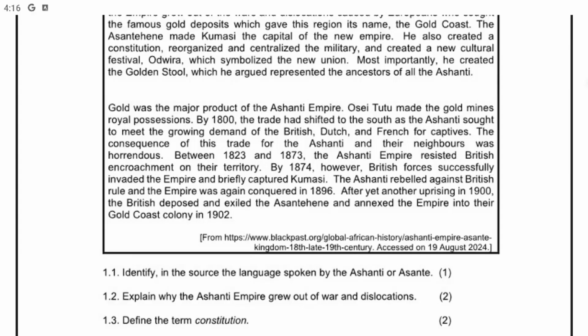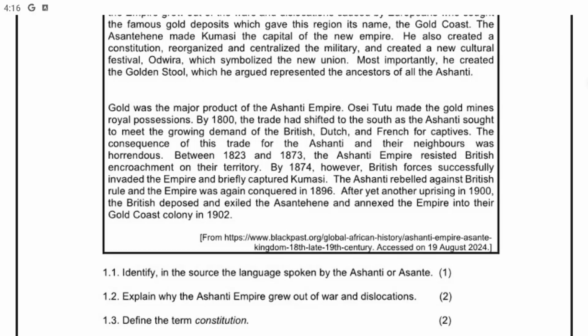The consequence of this trade for the Ashanti and their neighbors was horrendous. Between 1823 and 1873, the Ashanti Empire resisted British encroachment on their territory.